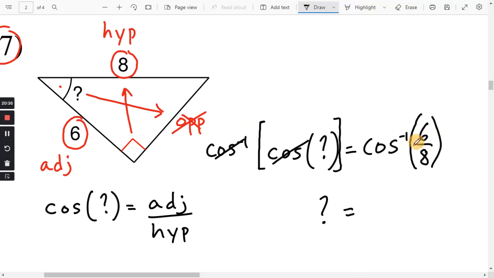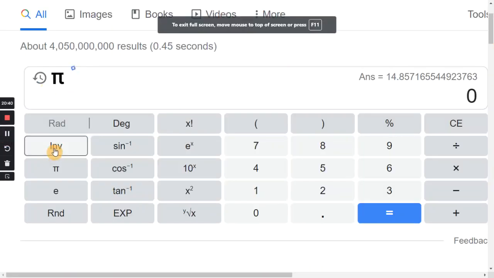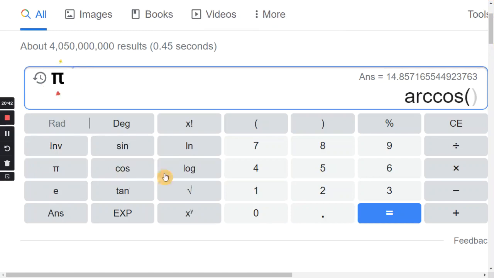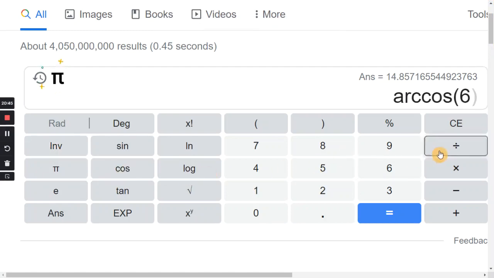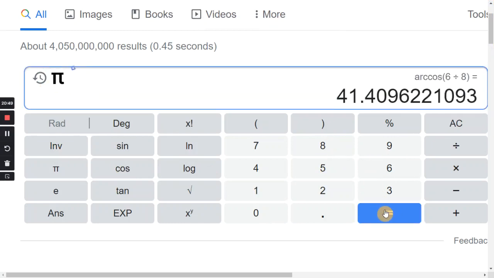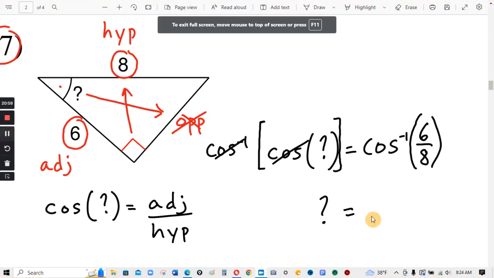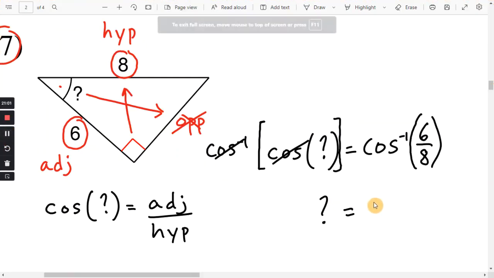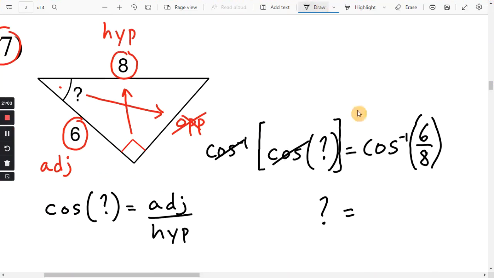The calculator will do the work. All right, so we're going to do inverse cosine of 6 divided by 8, close parentheses, and click equals. Okay, look at the decimal. If it's less than 5, you round it down. So since it's 0.4, we're going to stick with 41 degrees. So the question mark equals 41 degrees.